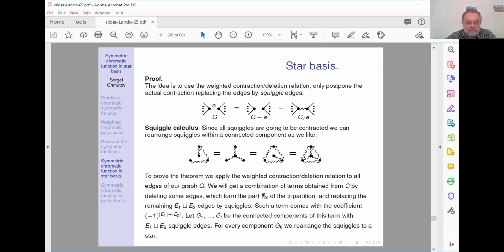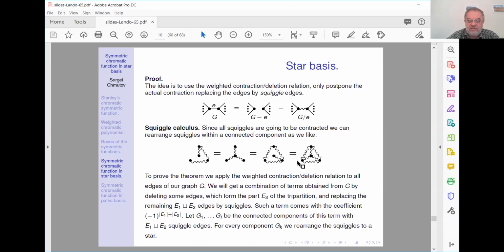All right. Now each term will be a graph with only squiggles there. And it will have several connected components in general, but in each connected component, I can rearrange the squiggles the way I want, and I will rearrange the squiggles into stars.